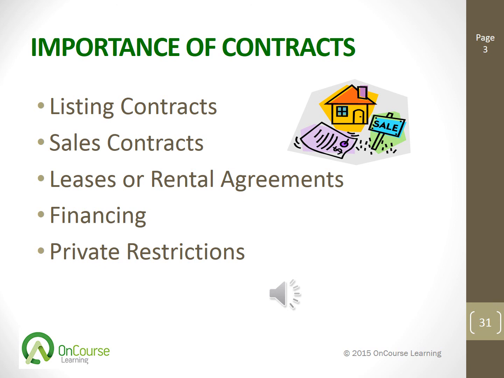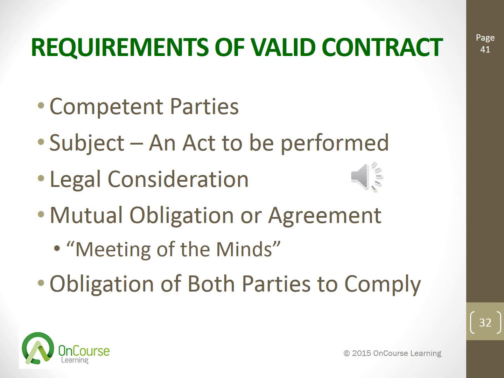Next slide, please. Well, there are requirements to have a valid contract. You can find these on page 41. One of the things you have to have is competent parties. There was an interesting question some years ago by a broker who wrote a lot in the LA Times, has passed on, but he had a property.